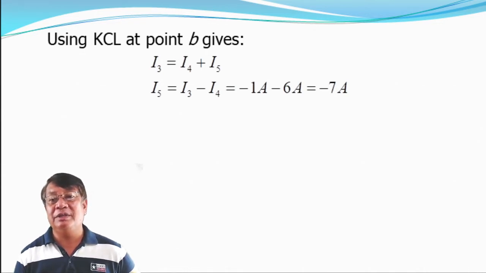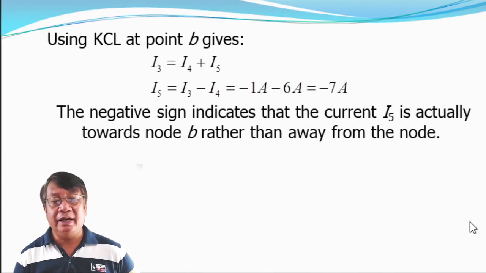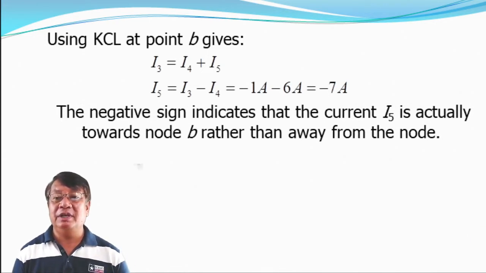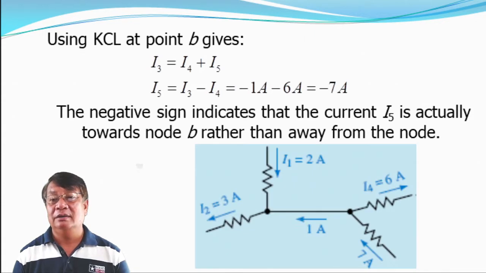Therefore, I sub 5 is equal to minus 7 A. The negative 7 of I sub 5 tells us the actual direction of the current I sub 5. The actual direction is not away from node B, but going towards node B. That is the actual direction of current I sub 5.